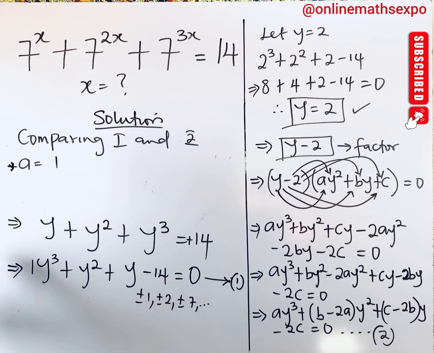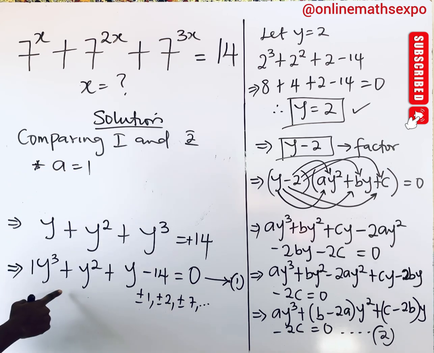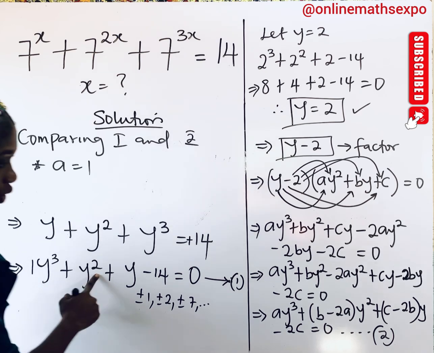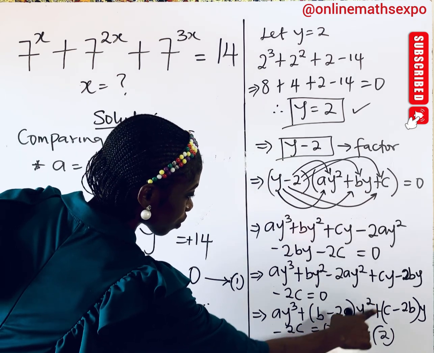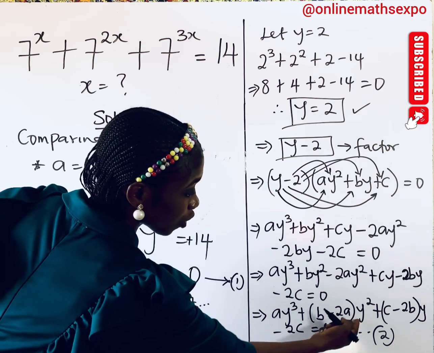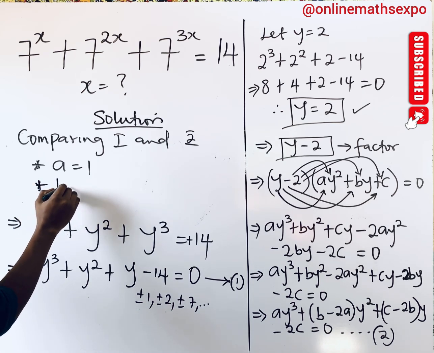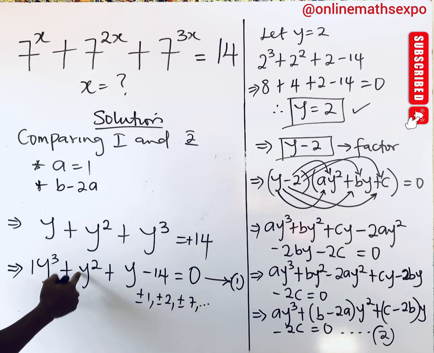Now what other thing do we have there? We have it that a is equal to 1. Then for y², compare it with this. Did you see y²? So it means that b − 2a is the coefficient of y², and the coefficient of y² here is 1. So b − 2a is equal to 1.